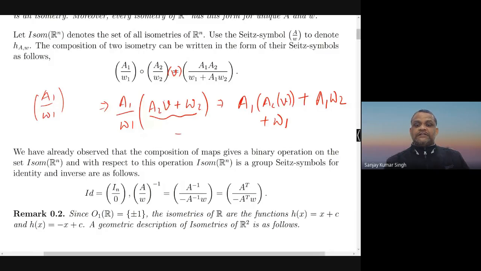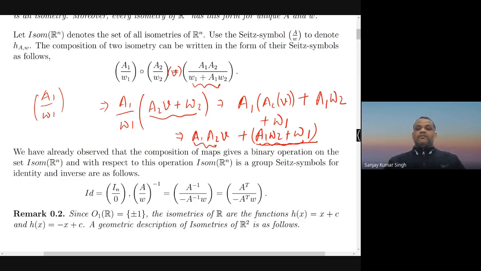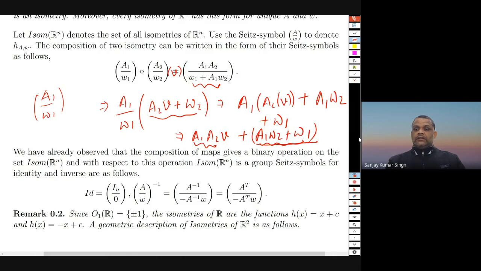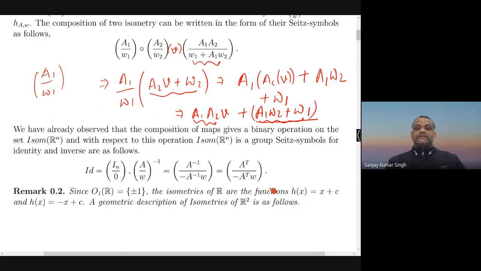So this is nothing but A1 A2 V plus A1 W2 plus W1. And this is the translation part. That is why I have written this composition as (A1 A2, A1 W2 plus W1). This is this one, and this translation part is this. And similarly, it is not very difficult to check the inverse.